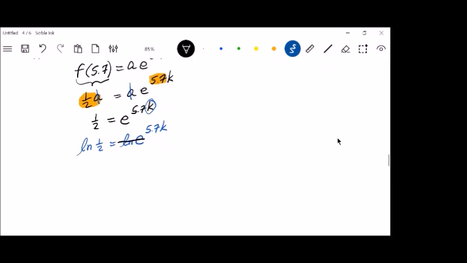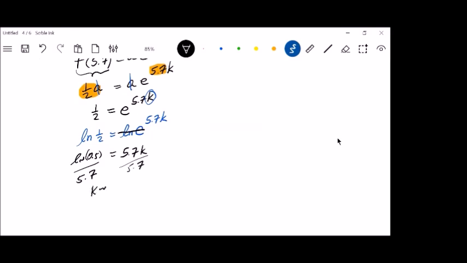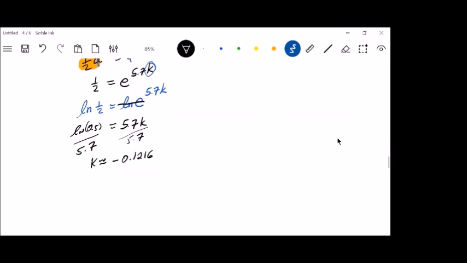So now we will say 5.7k equals the natural log of 0.5, or 1/2, choice. And now we'll divide by 5.7. And we get that k is approximately negative 0.1216, four decimal places, of course.